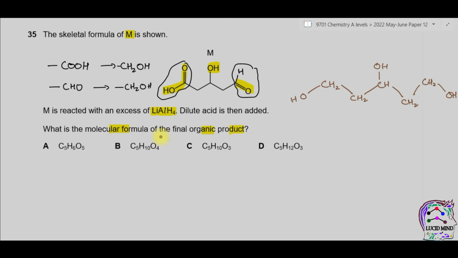This will be the product that is formed. Now let's find the molecular formula. We have 5 carbons, 12 hydrogens, 3 oxygen atoms. So the correct answer seems to be D.